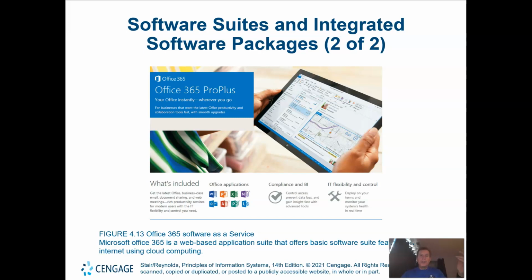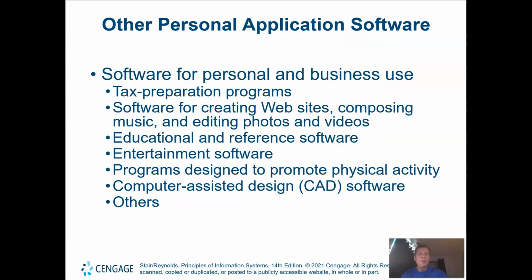Now, other personal applications for software certainly do exist, such as Microsoft Office 365, and Microsoft Teams would be another one. Another personal application I use is TurboTax. That's tax preparation software. It's also software as a service. It's in the cloud.